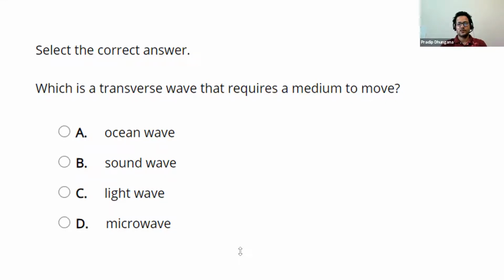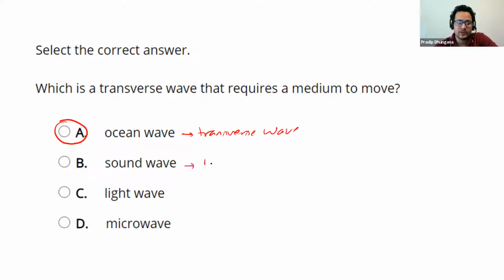Thank you for answering. The correct choice is A, that is ocean wave. Ocean wave is a transverse wave, and it requires a medium to move.